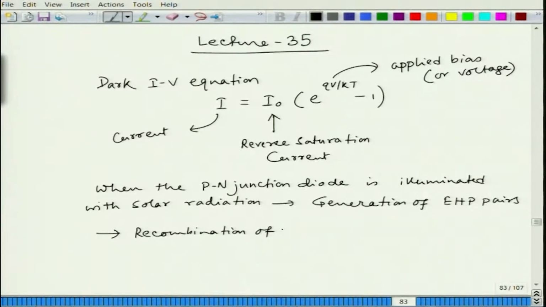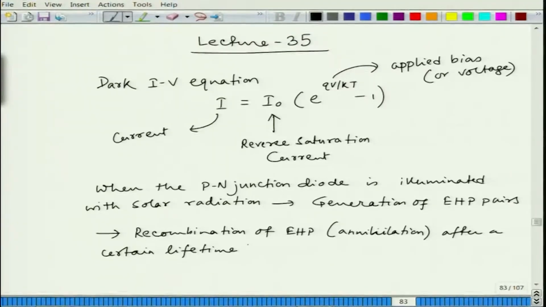Recombination of EHP is also called annihilation, because recombination means the electron and hole, both the carriers, are now gone, annihilated. So, recombination of EHP happens after a certain lifetime.